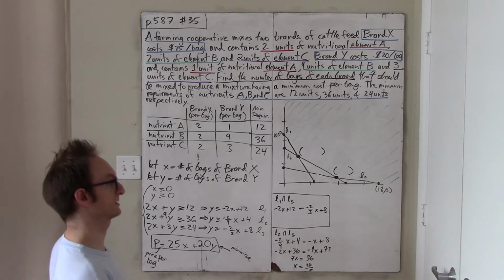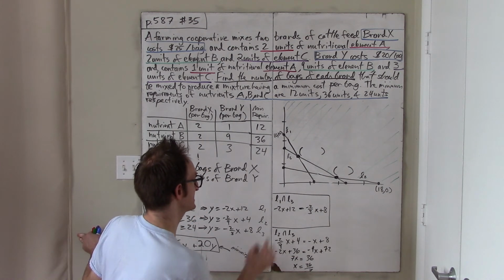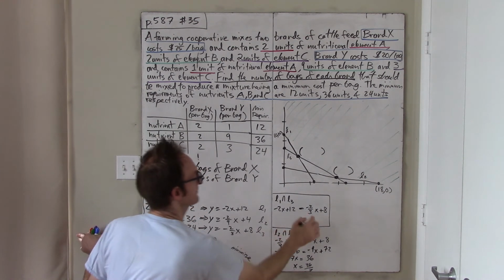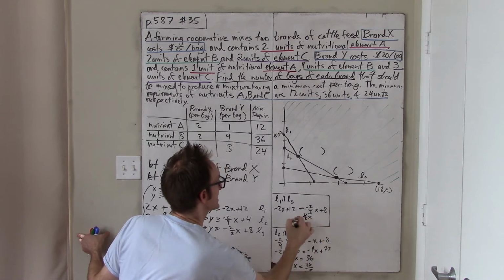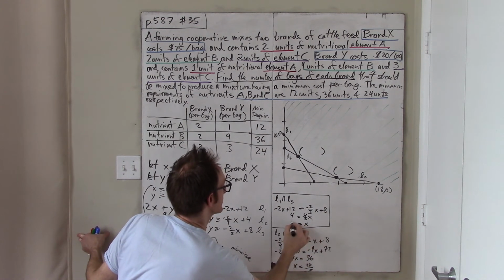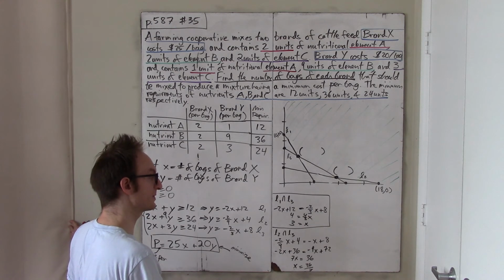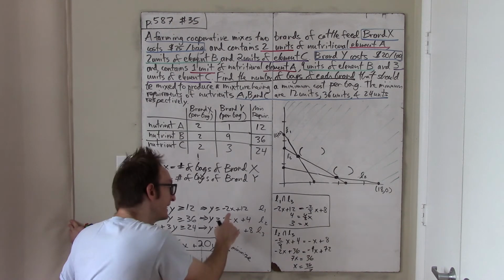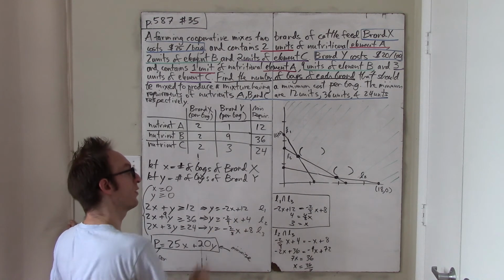Now I need to solve this equation. When I add 2 to negative 2/3, I get 4/3 x, and if I subtract 8, I get 4. So the 4's cancel, and in fact, x is 3. Doing my algebra 1 this time correctly with the right numbers, I get that x is 3, and when x is 3, y is 6.